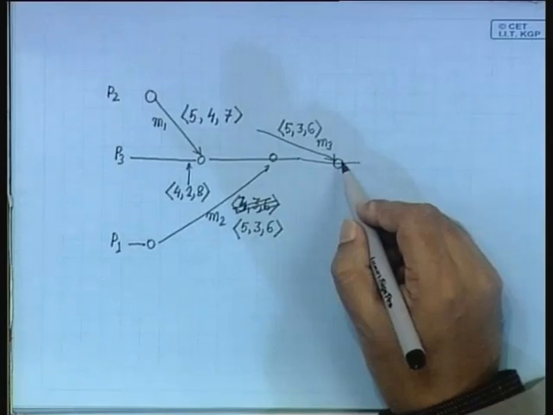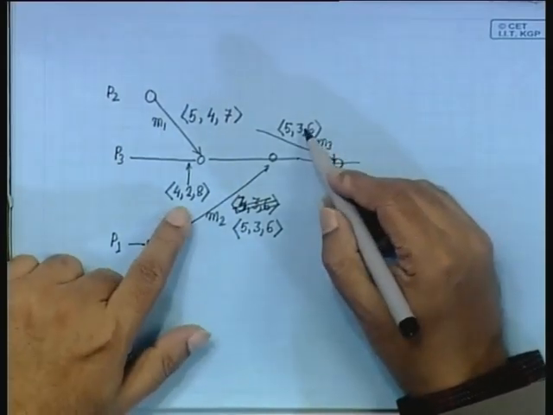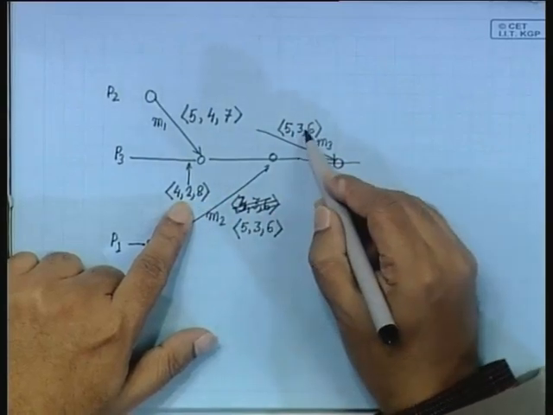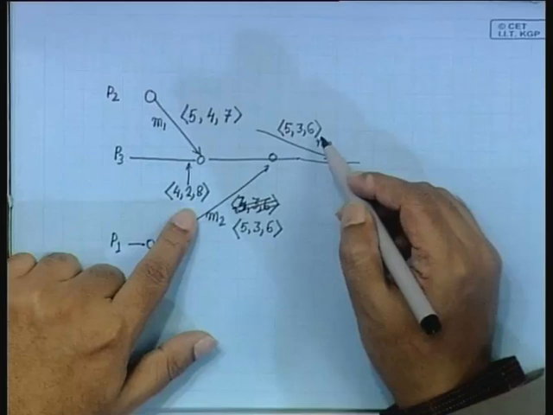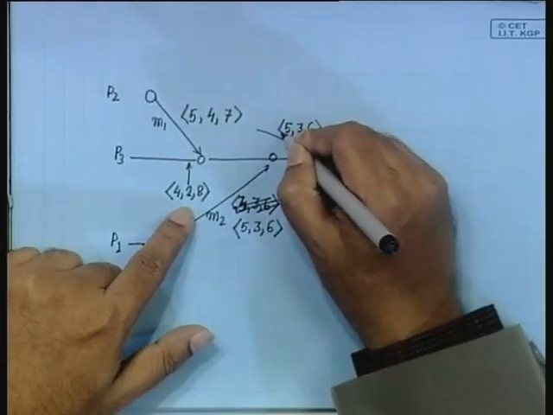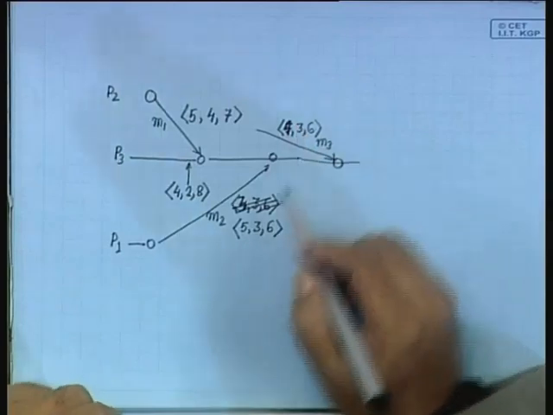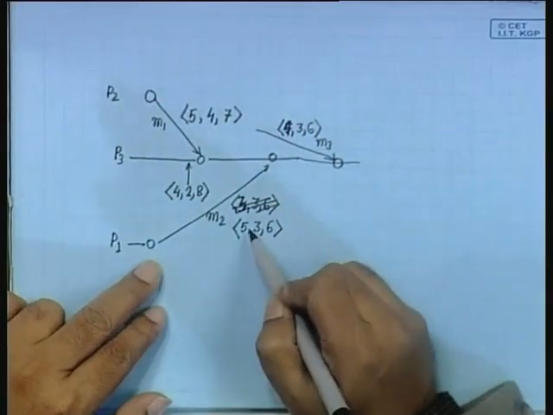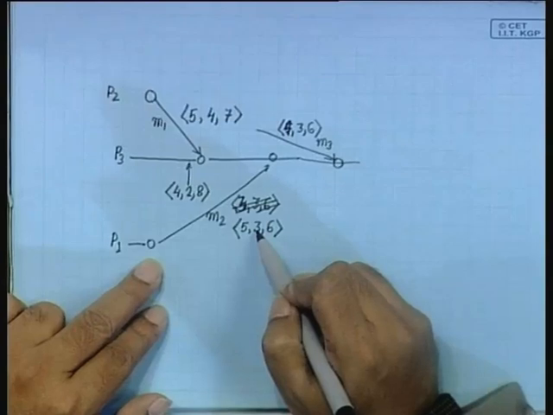right. We will deliver this one because in the second dimension there is a difference of 1, and in the other dimensions, oh sorry, this won't be 5, this will be 4, because when this message was sent, at that time this message was already received, right.